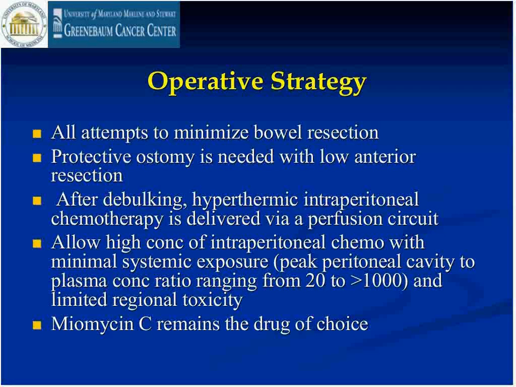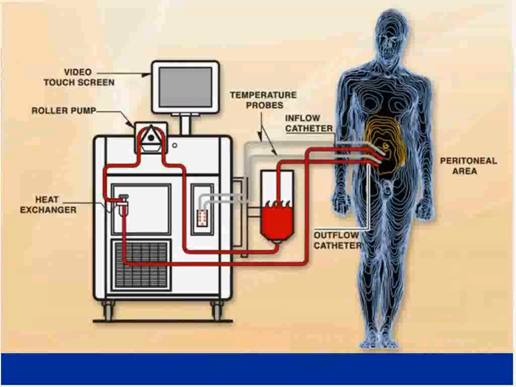It does not get absorbed in the blood, so the systemic toxicity potential is very, very small. And the major drug that we use for cytoreductive surgery and hyperthermic intraperitoneal therapy is a drug called mitomycin C. It's usually the drug of choice. Other chemotherapeutic agents are also available, and we use them according to the histological type of the carcinomatosis.